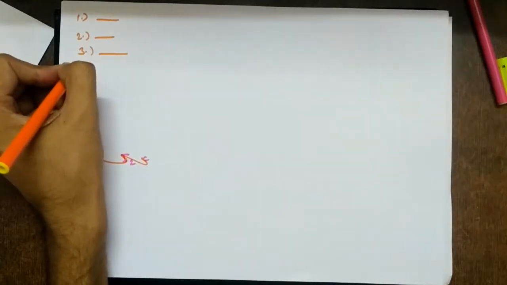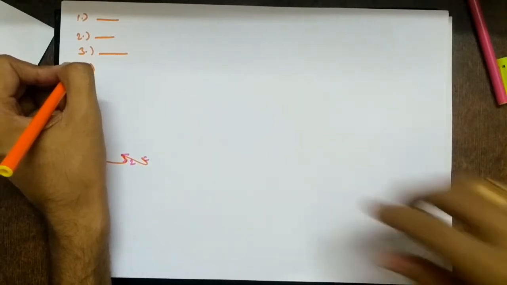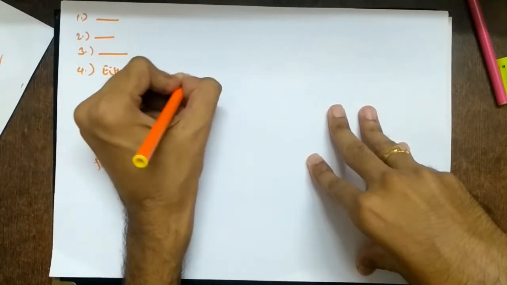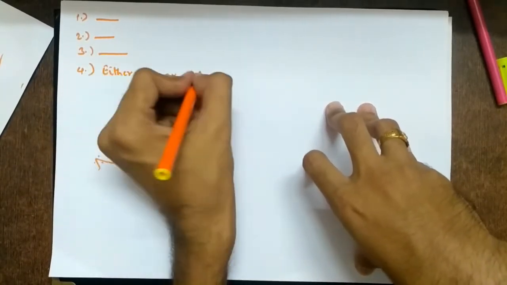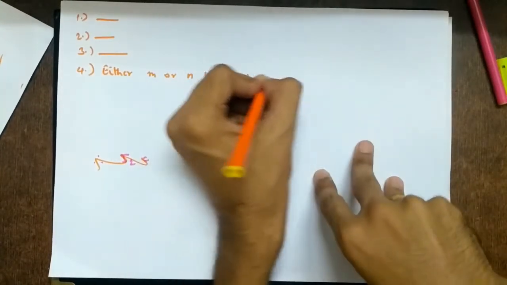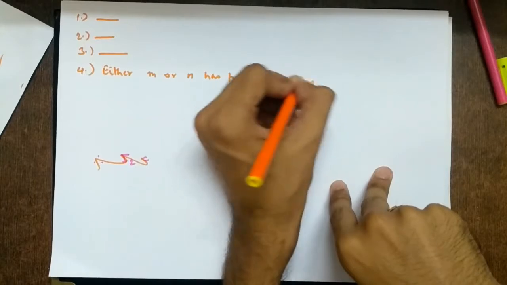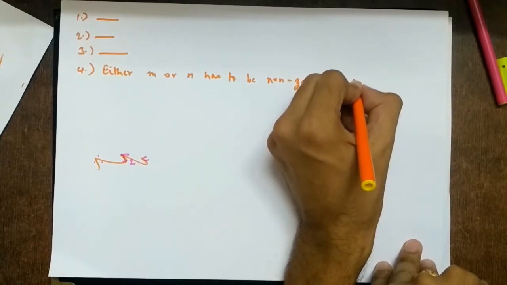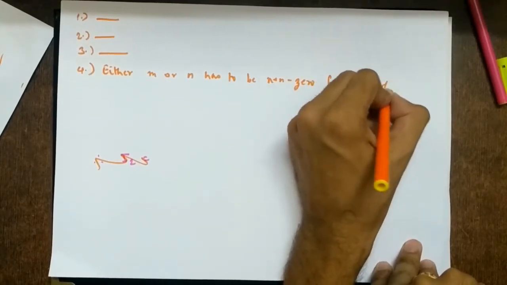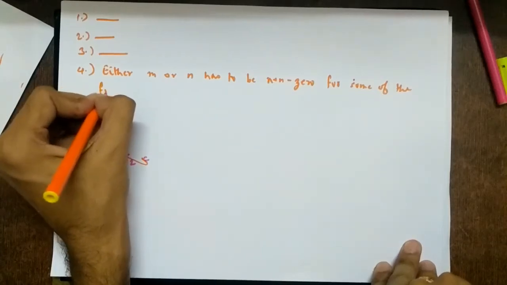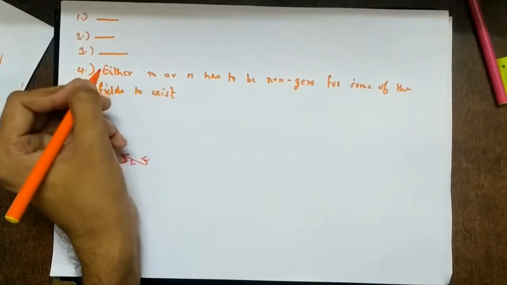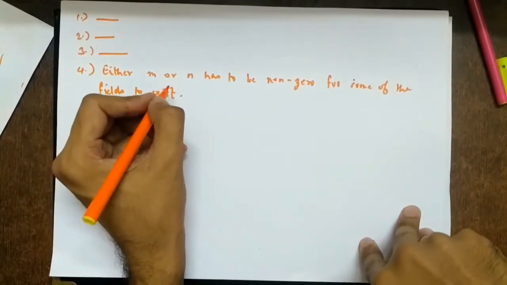So fourth is: either m or n has to be non-zero for some of the fields to exist. Why do we say some? Because both m and n cannot be zero. Then the field won't exist, right?